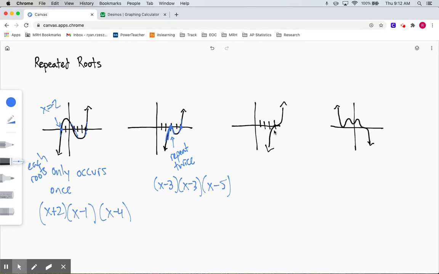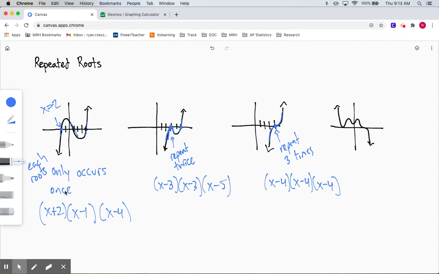If you go on to this third picture, this answer does a little swerve as it crosses over. This answer is actually going to repeat 3 times. So it's x equals 4, and there would be x minus 4 written down 3 times.